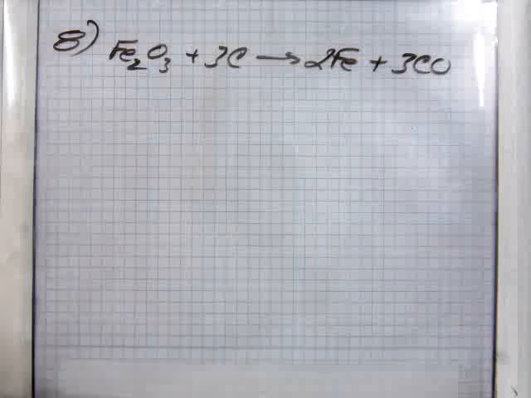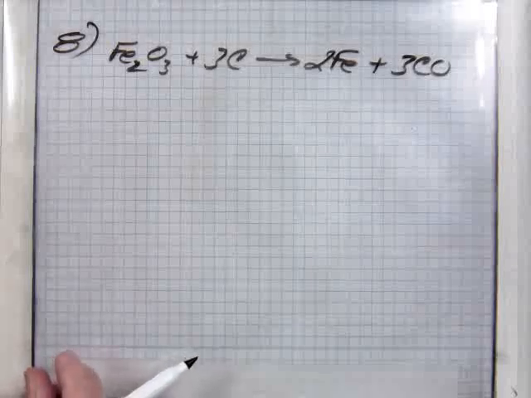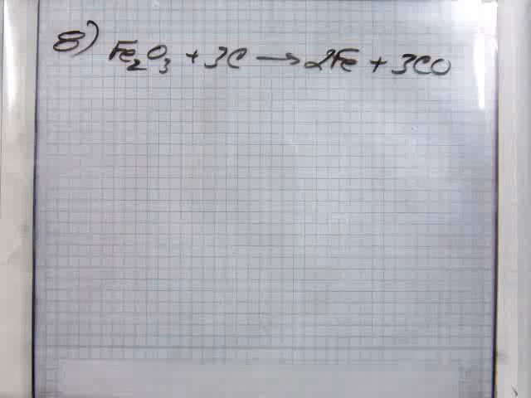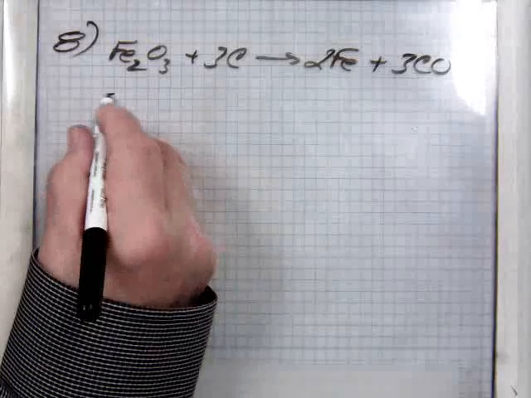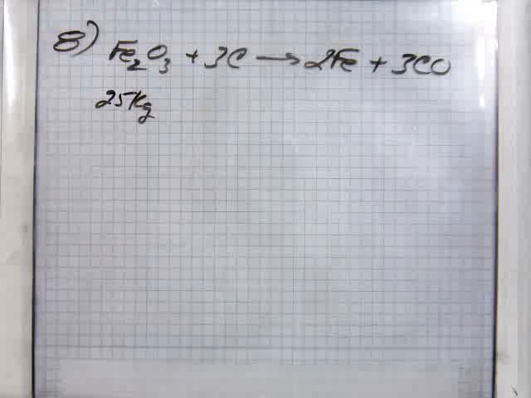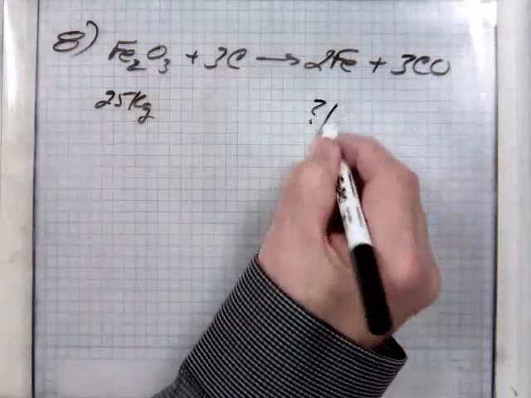Molten iron and carbon monoxide are produced in a blast furnace by the reaction of iron 3 oxide and coke, pure carbon. If 25 kilograms of pure iron oxide, so we got 25 kilograms given, how many kilograms of iron can be produced?